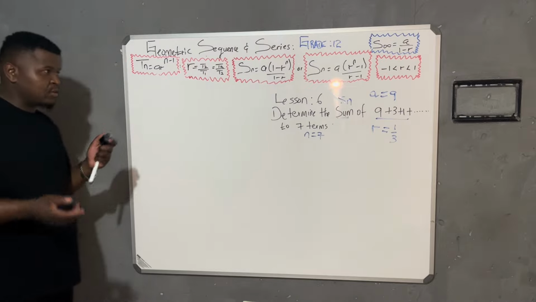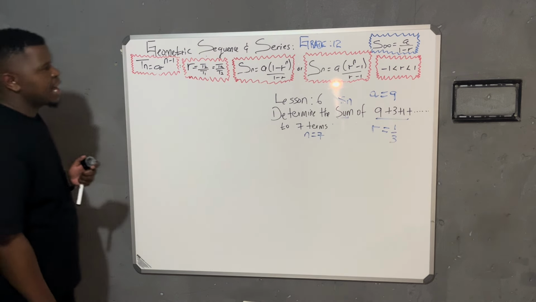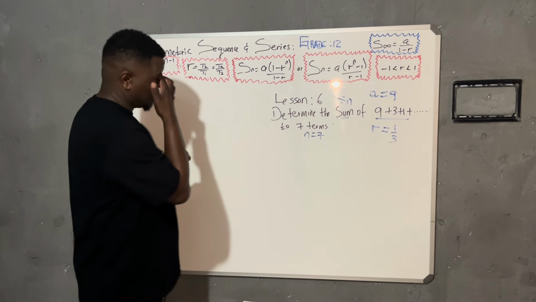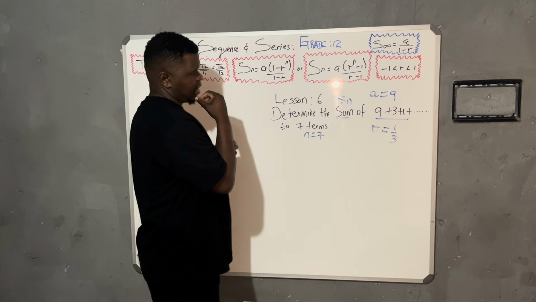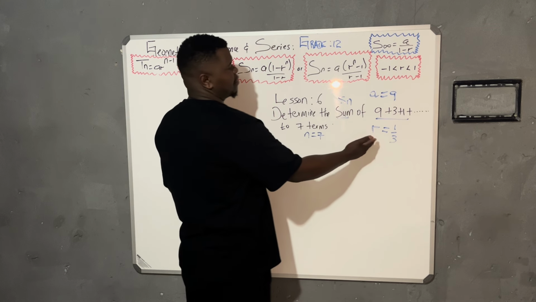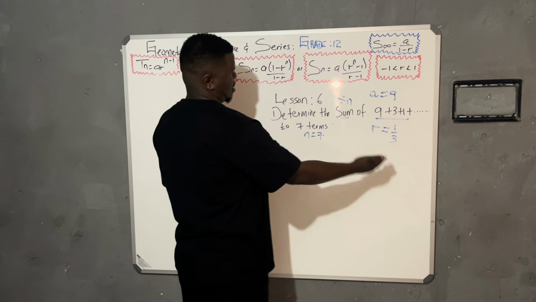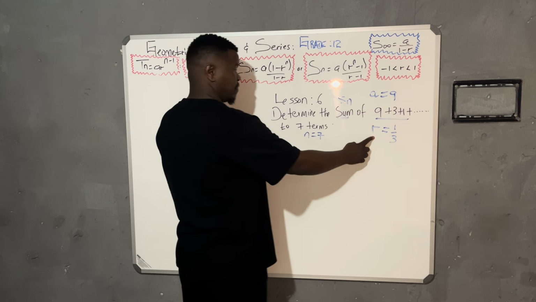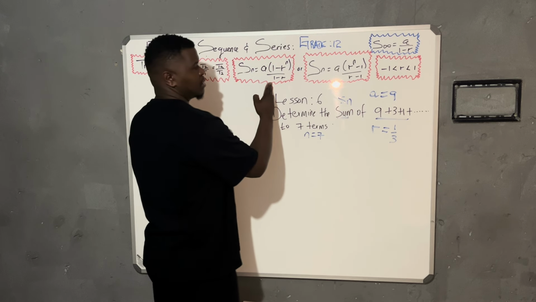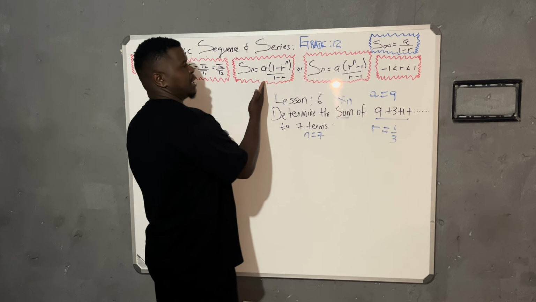Now, what is it that we want here? They want the sum Sn. I have A, I've got R. Now, here are the formulas. Between these two formulas, it was said that if we are having the R which is less than 1, this is the preferred formula to be used. If the value of R is less than 1, obviously 1/3 is less than 1. So this is the preferred formula.